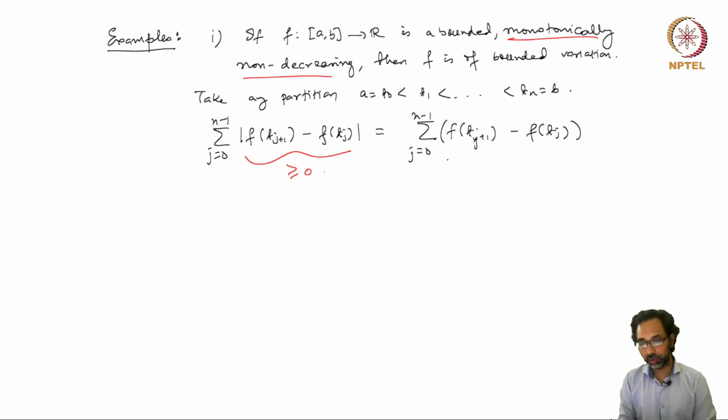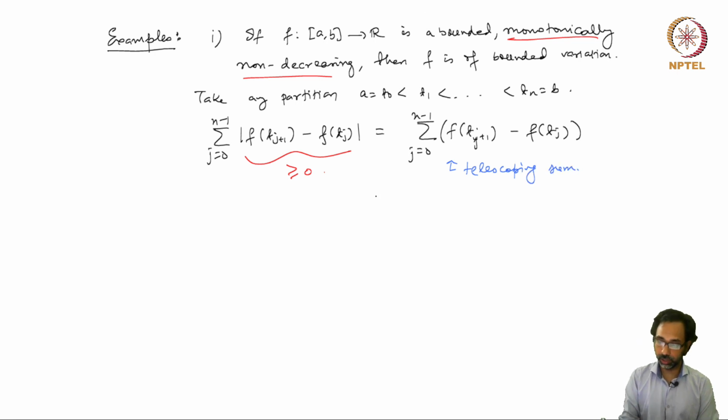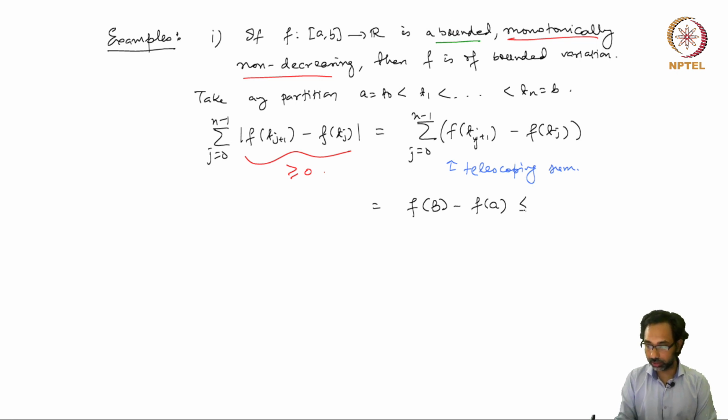But this is now a telescoping sum, and so in the end you will only get f b minus f a, and since f is also bounded, this is less than or equal to 2 times the supremum of mod f x over x in a b.